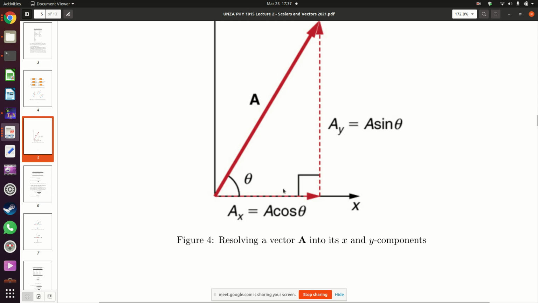If the angle is measured from the positive x-axis or from anywhere, and it's moving in a clockwise direction, such an angle is going to be a negative angle. Are we clear? An angle measured in a clockwise direction is negative. Is that clear?